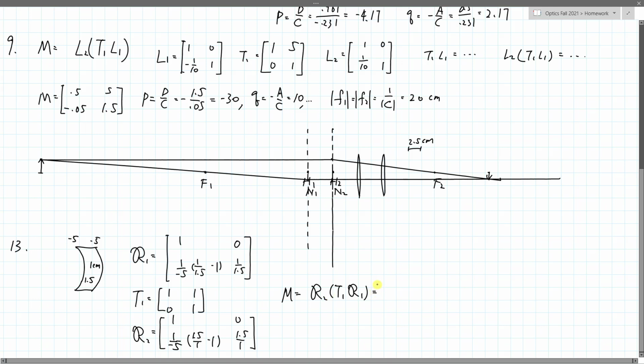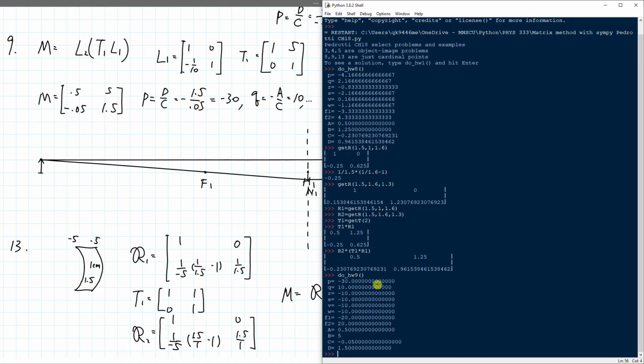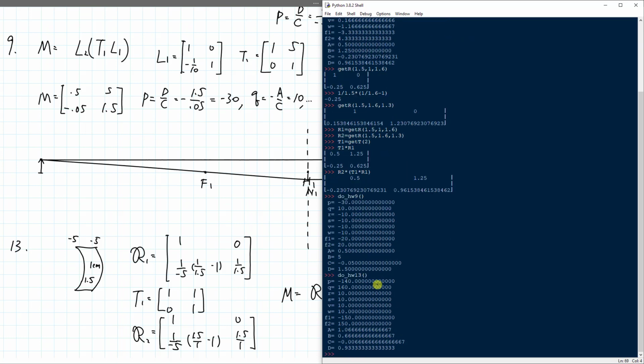So let's go to Python this time just to calculate, since we have done so many times just with that. So this is question 13, and here's our system matrix, so A, B, C, D, and top left, top right, bottom left, bottom right.